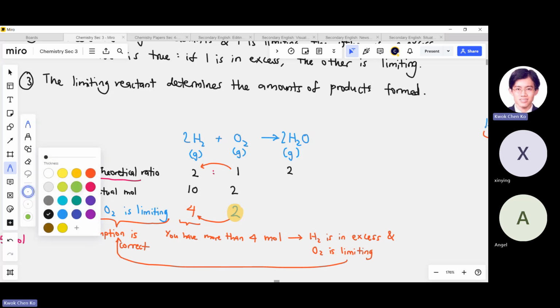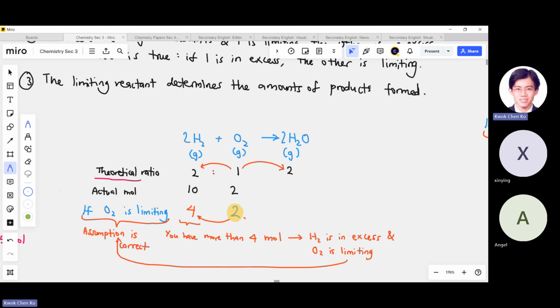Now, what I do is, theoretically, one O2 gives you 2 water. So therefore, 2 O2 gives you, how much water do I get? One O2 gives me 2 water, 2 O2 gives me 4 moles of water.